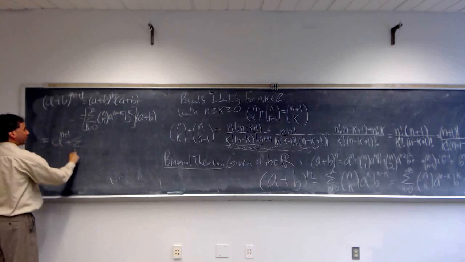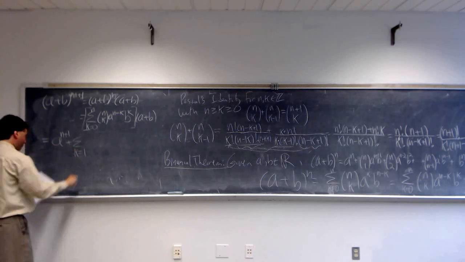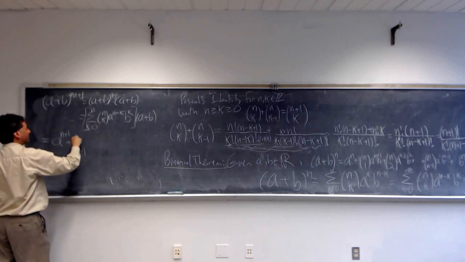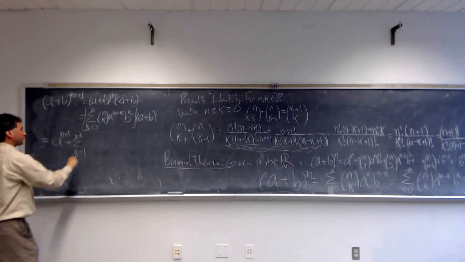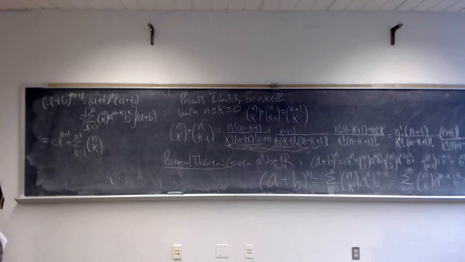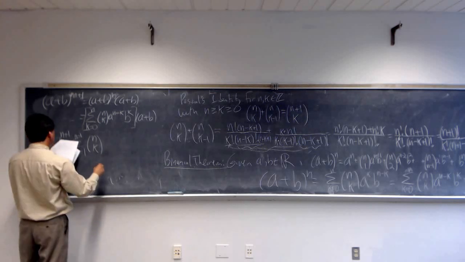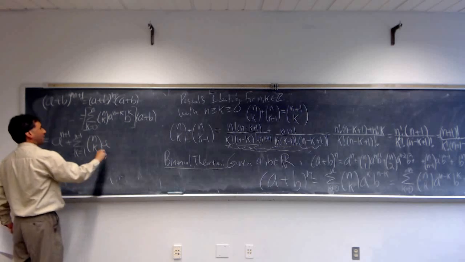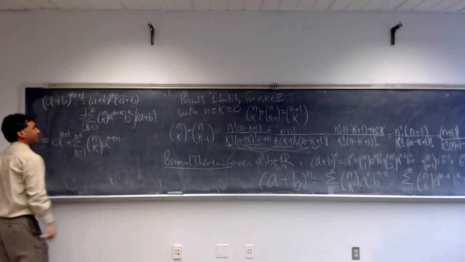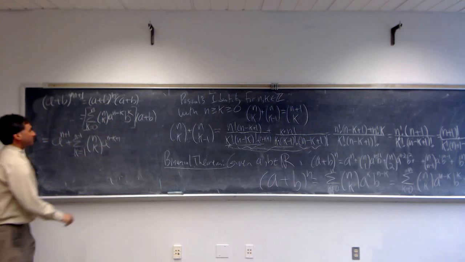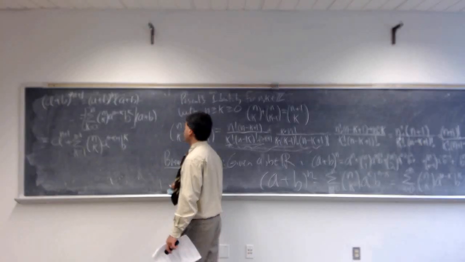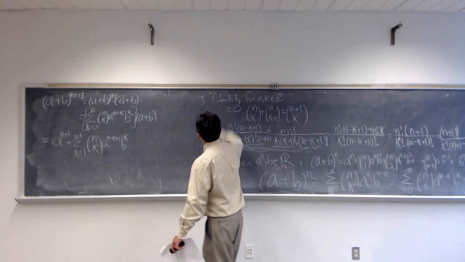And then we're going to be left with k going from 1, and let's not stop at n, let's stop one short, n minus 1, of n choose k, a to the n minus k plus 1 for the other factor of a, b to the k. So that's one term in the sum.